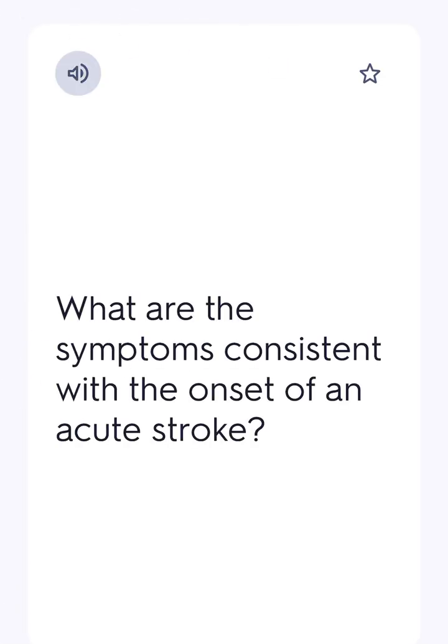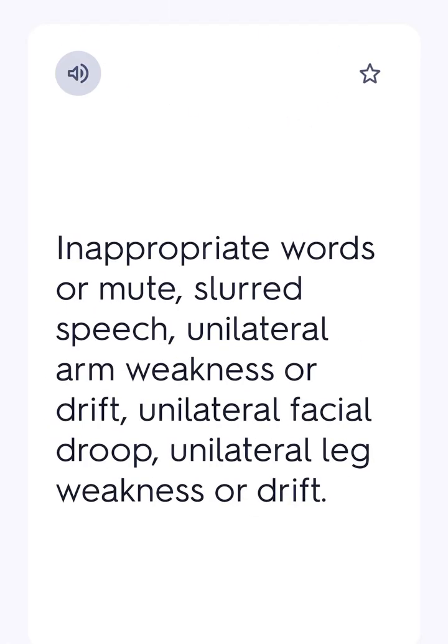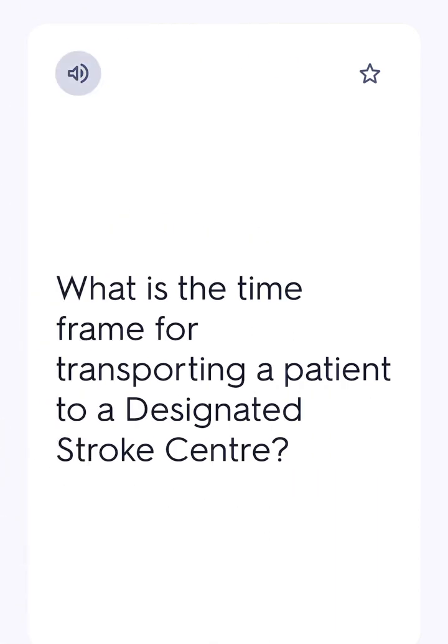What are the symptoms consistent with the onset of an acute stroke? Inappropriate words or mute, slurred speech, unilateral arm weakness or drift, unilateral facial droop, unilateral leg weakness or drift. What is the time frame for transporting a patient to a designated stroke center?